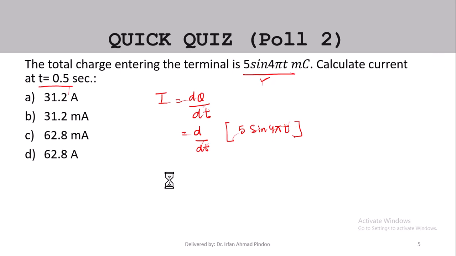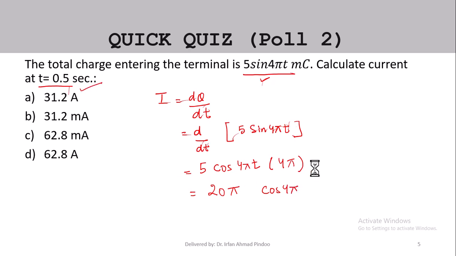Now what we will do is we will do the differentiation. So 5 will be constant, so this will be cos of 4 pi t, and we will have an internal differentiation also, that will give us the 4 pi also. So this will be equal to 20 pi cos of 4 pi t, and because the value of t is already given as 0.5, we put this value as 0.5.